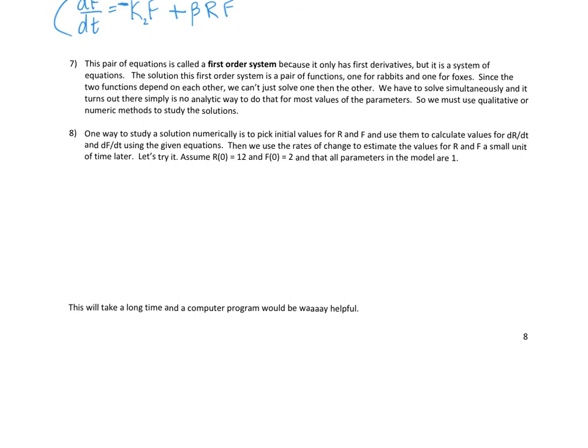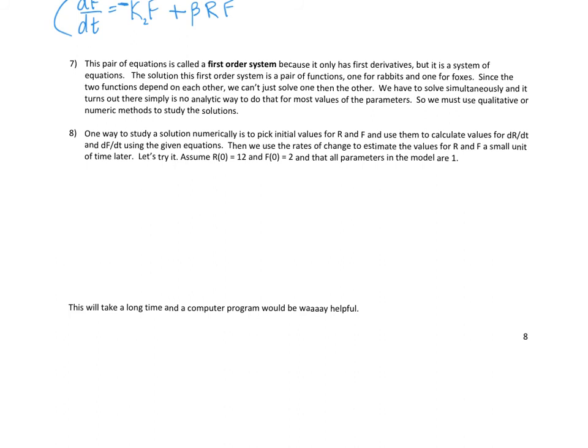So I can use my rate of change. I now know at what speed the rabbit population is declining and at what speed the fox population is increasing. And I can use that to estimate the rabbit population and the fox population 1 week later. So it was at 12, right?